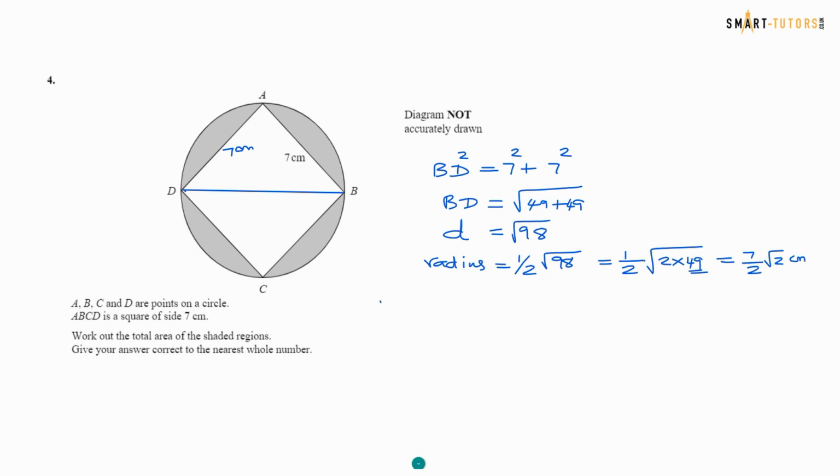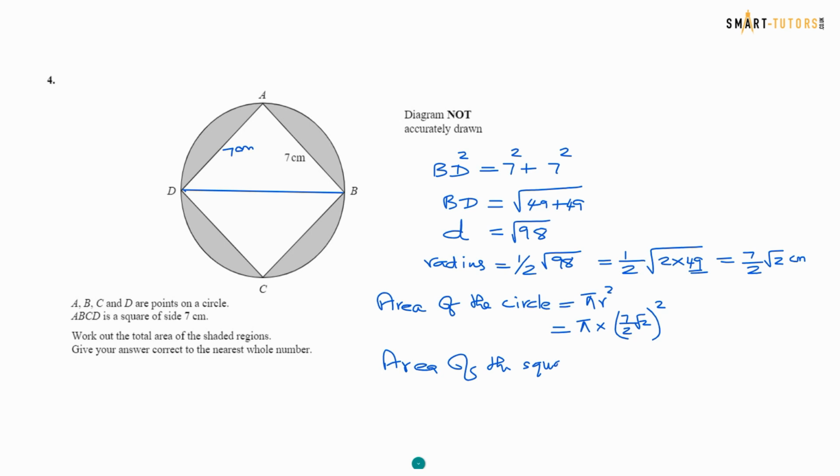Now the area of the circle, take away the square, is the shaded area. We all know the area of the circle. There is no formula sheet, and as a maths student you must remember pi r squared. It's a calculator paper, so you don't need to worry about pi, there's a button for pi. Pi times radius squared, and the radius squared is 7 over 2 root 2, whole thing squared. And the area of the square, I hope you understand, is 49. I still haven't touched the calculator, and I'm writing all the steps because I don't want to lose any method marks.